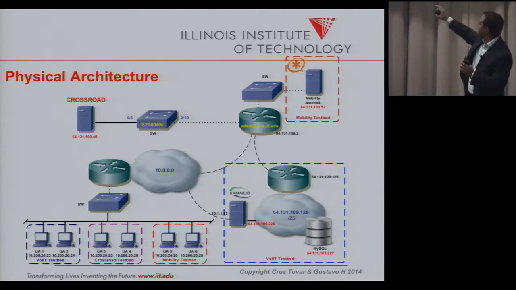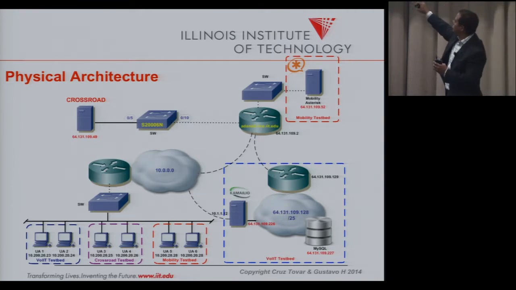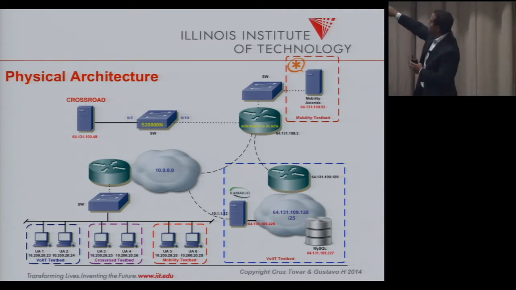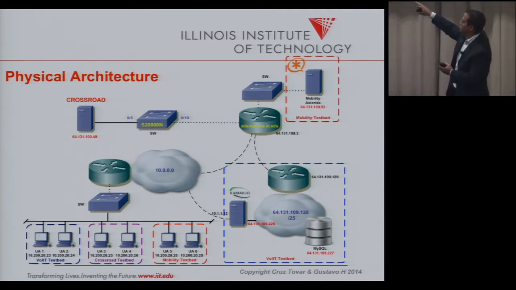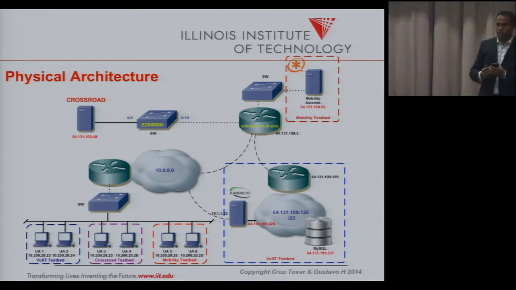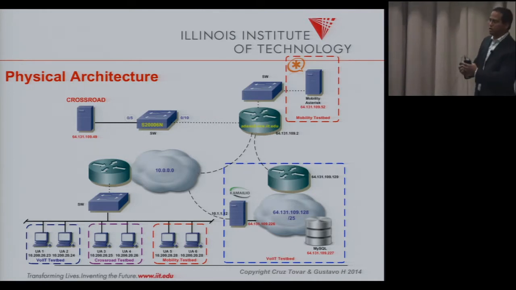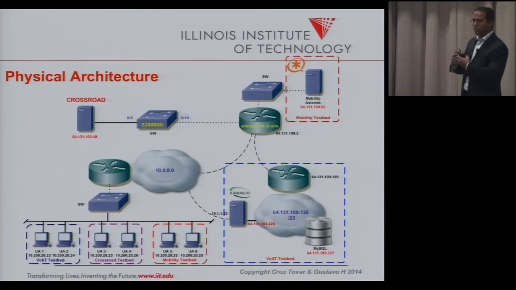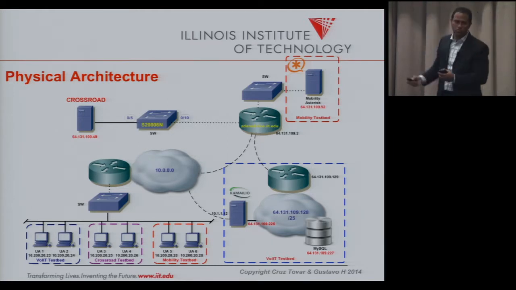At the beginning, we use just 2 user agents for Mobility, 2 for Voice over IIT, and 2 computers or user agents for Crossroads, but this is just for testing purposes or troubleshooting. Our final goal is just to interconnect and make calls from Mobility to Voice over IIT.